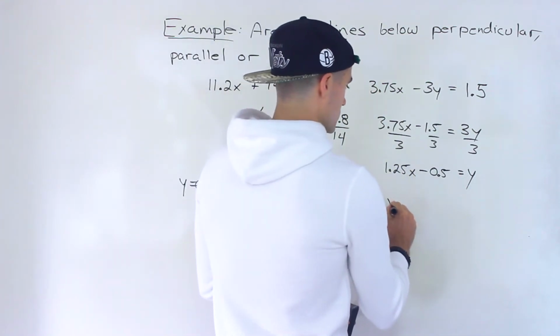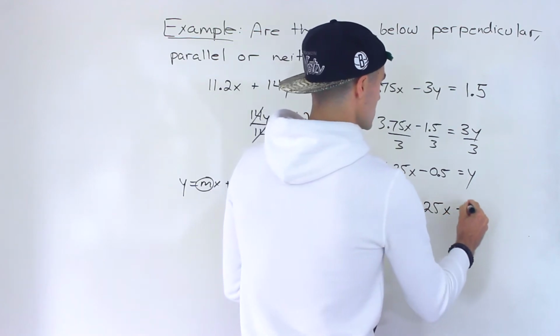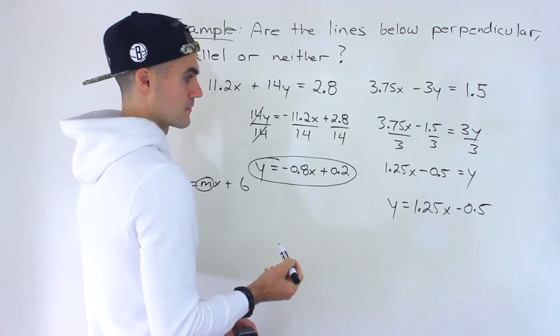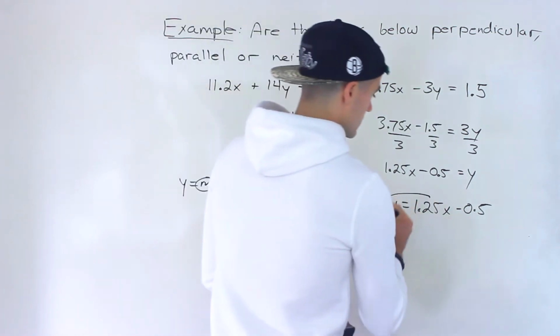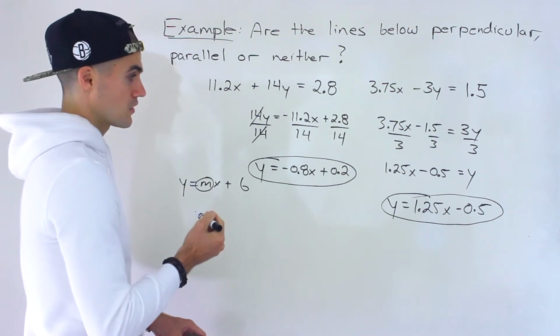You could just write it as y equals 1.25x minus 0.5, like that. So this here is the other line in y equals mx plus b form.